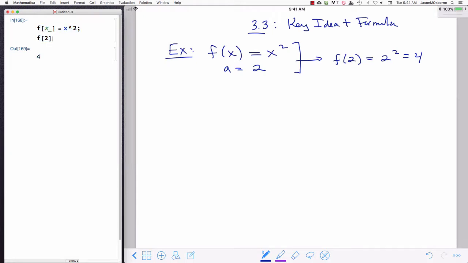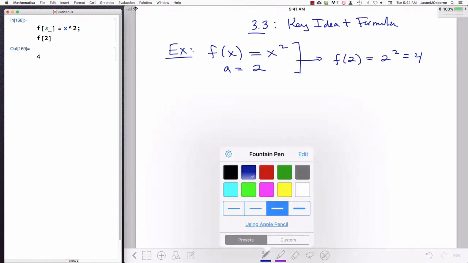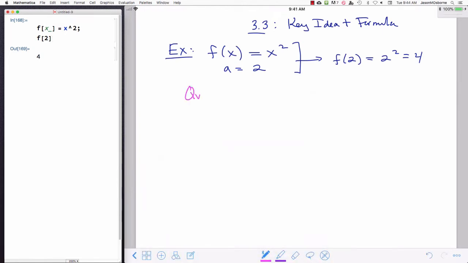Okay? So here's a question. What is the function evaluated at 2.1? Otherwise known as, what's the function evaluated at 2 plus a little bit? And remember, in calculus, we're calling that little bit h. So f at 2 plus a little bit more.